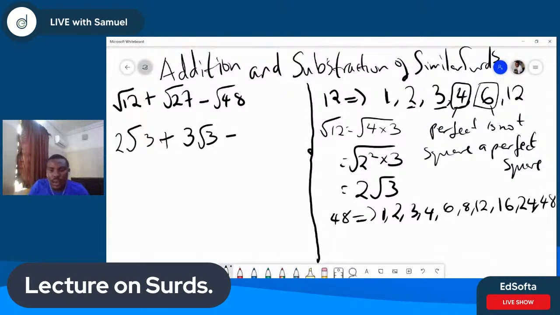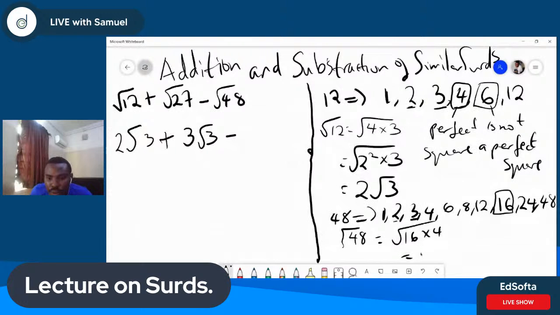So now, at 2, is 24 a perfect square? No, so we don't use 24. We pick 3. Is 16 a perfect square? Yes. So we use 16. So root 48 will be the same thing as root 16 times 3.